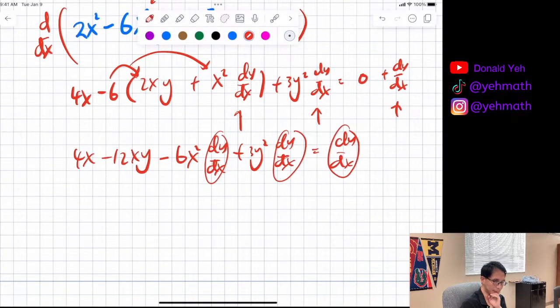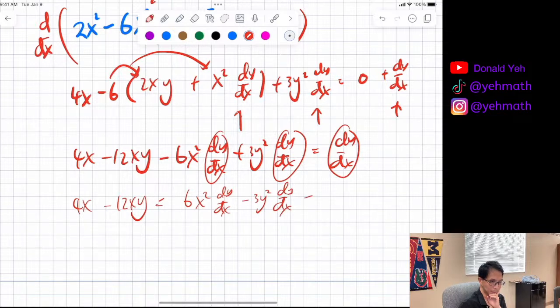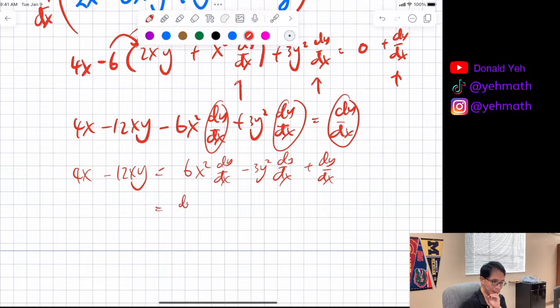Hopefully all the dy dx terms are on the left hand side, because that way I can isolate. So I'm going to get 4x minus 12xy equal to 6x squared dy dx minus 3y squared dy dx plus dy dx. I'm going to factor out dy dx here: 6x squared minus 3y squared plus 1.